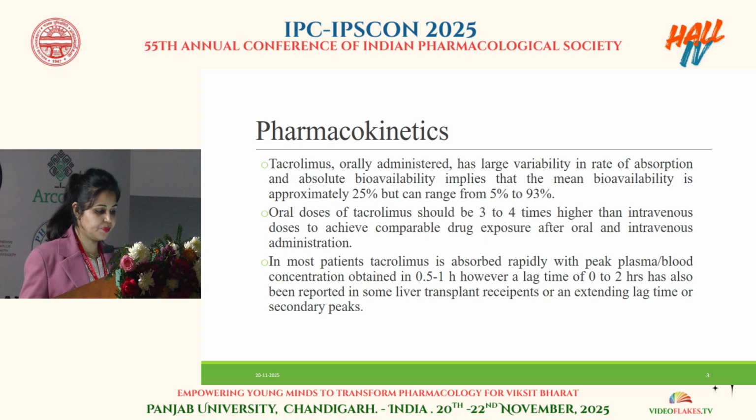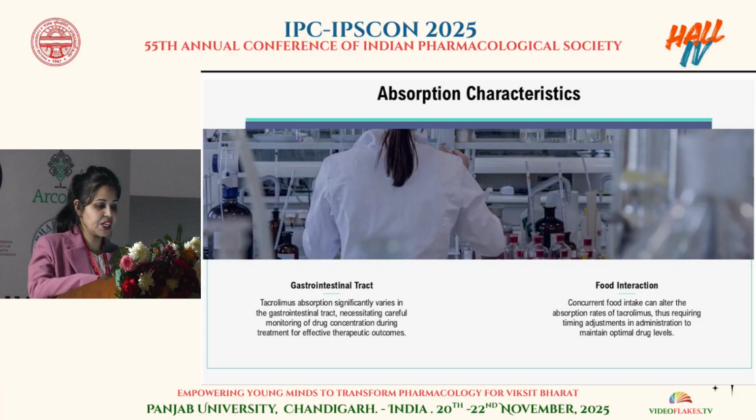In most patients, it is absorbed rapidly, with peak plasma concentration observed in 0.5 to 1 hour. However, we still see a lag time of 0 to 2 hours in liver transplant patients. So these are the absorption characteristics of tacrolimus.